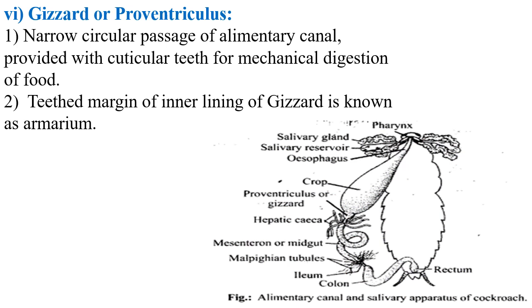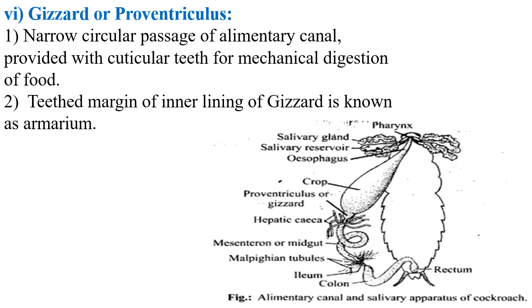Now it is a narrow circular passage of the alimentary canal and it is provided internally with cuticular teeth, very hard, which are used for mechanical breakdown or mechanical digestion of food material. Here you can remember, whatever food is coming into the gizzard is already broken down to smaller pieces.